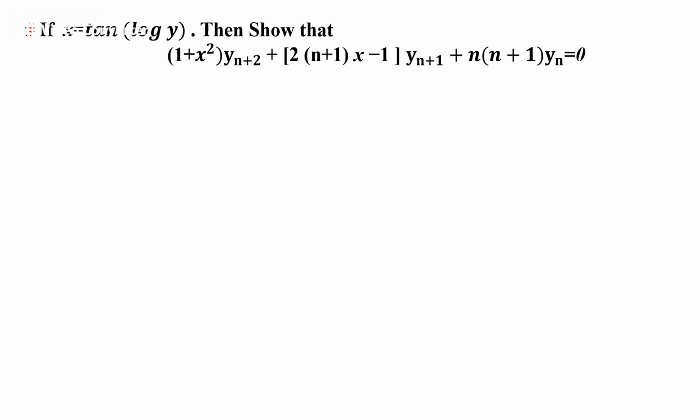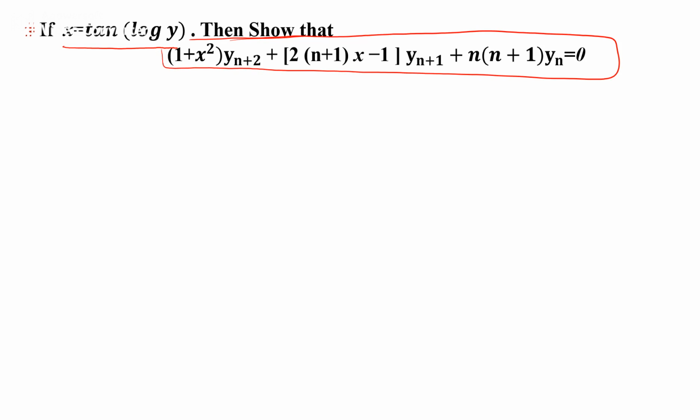Now take an example of how to use the Leibniz theorem. Suppose we are given x equal to tan inverse... (10 inverse) log y, then we have to show that the equation (1 plus x square) y suffix n plus 2, plus (2n plus 1) into x minus 1, y suffix n plus 1, plus n(n plus 1) y suffix n equals zero.